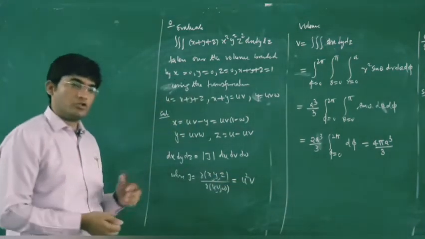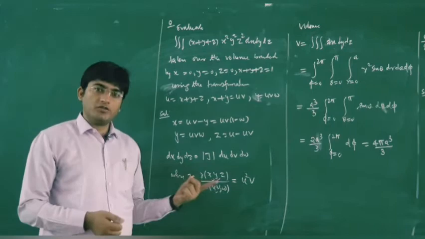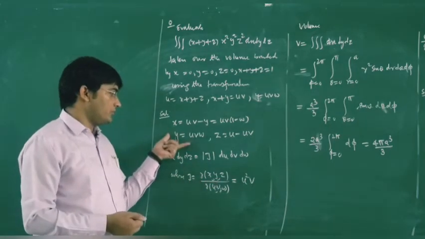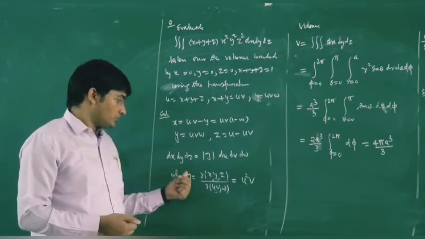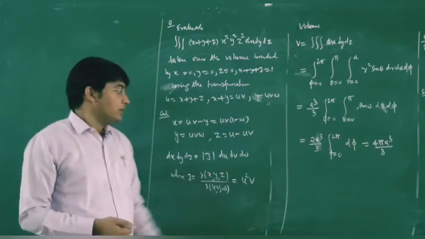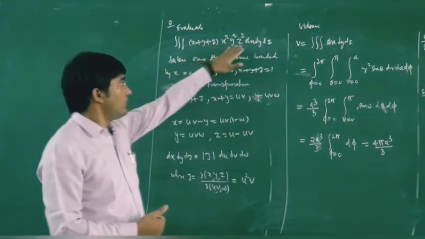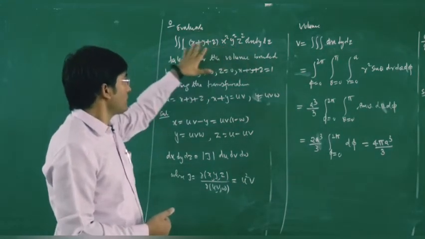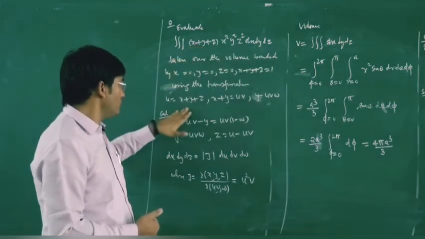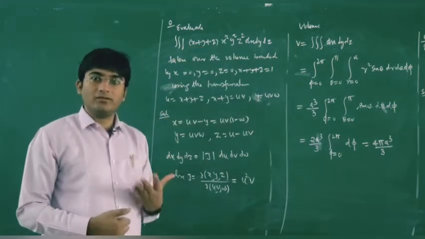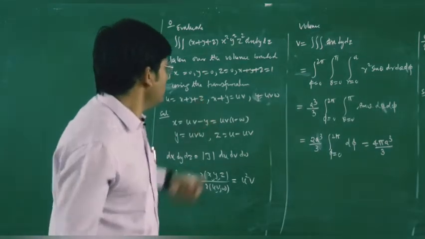So here I am not going to evaluate this value. So this is equal to u square into v. So we have the value of dx dy dz, we have x y z. So x plus y plus z is u. Now just evaluate the limits using this transformation.